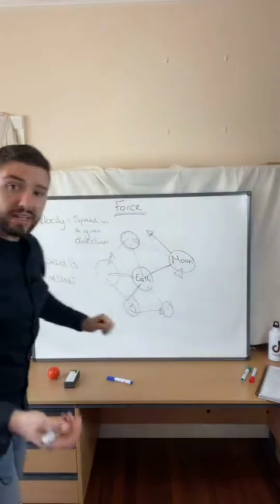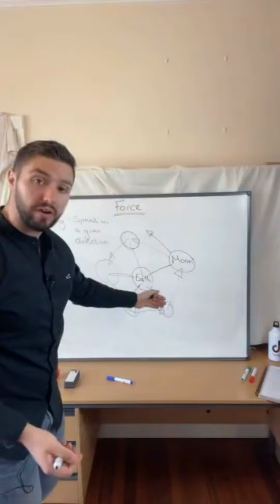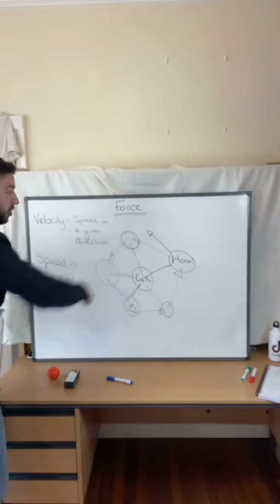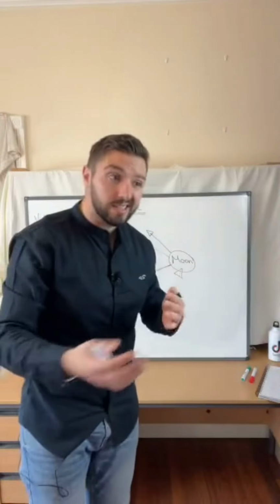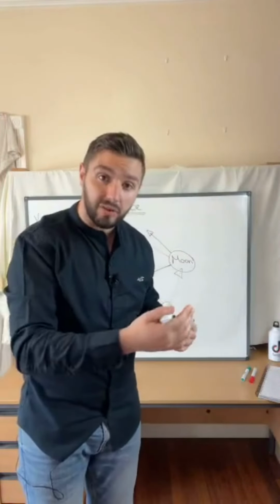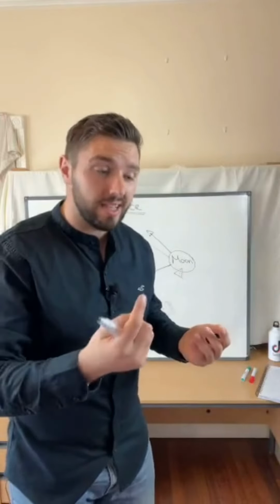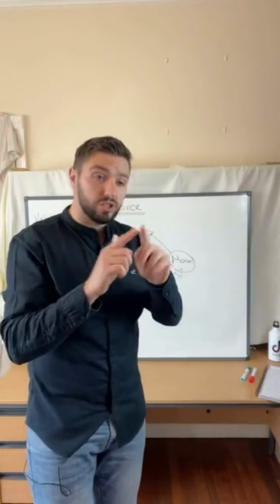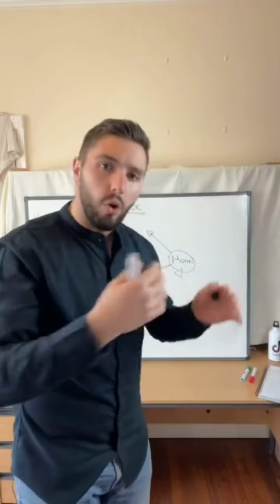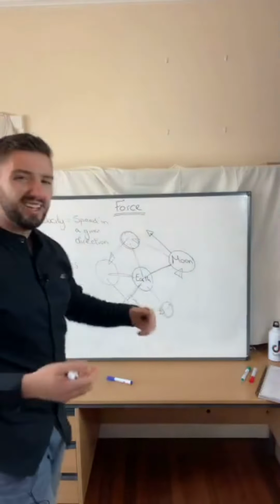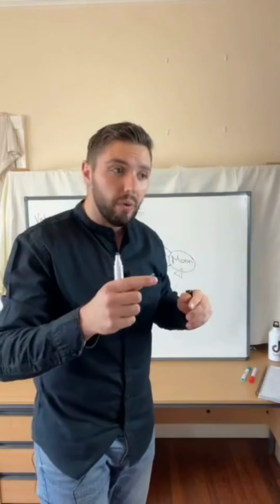That's what's preventing it essentially from being pulled so far into Earth that we have a collision. But because it's changing its direction every time, its velocity is changing every time. And when we look at acceleration, that's what we're saying is happening. Acceleration is your change in velocity over a given time period. So because we're changing our velocity constantly, weirdly, the moon is technically accelerating constantly, but it's not accelerating the way that we think of acceleration.